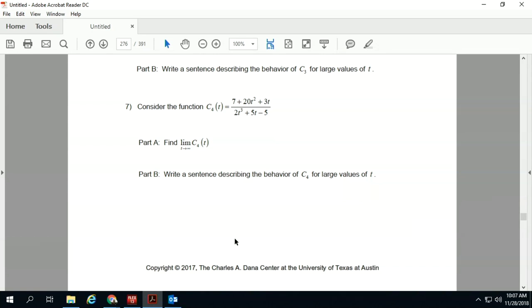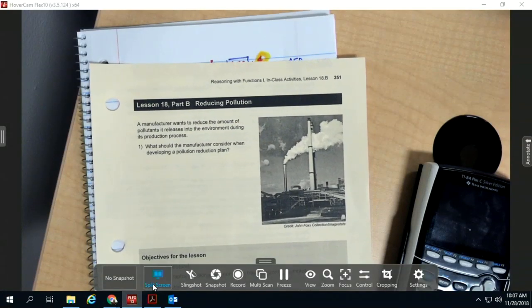Page 251. A manufacturer wants to reduce the amount of pollutants it releases into the environment during its production process. Just this last Friday, in fact, 13 different government agencies came up with a statement about pollution.